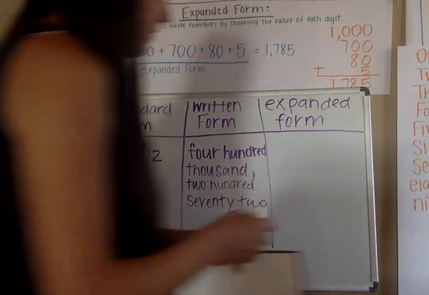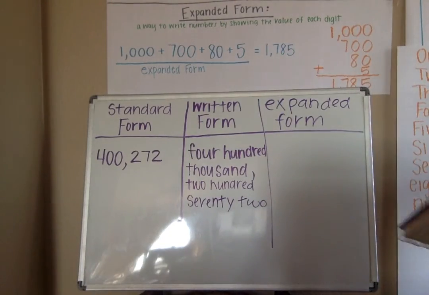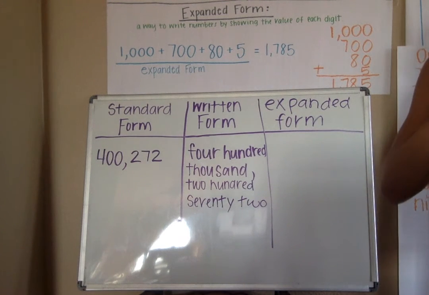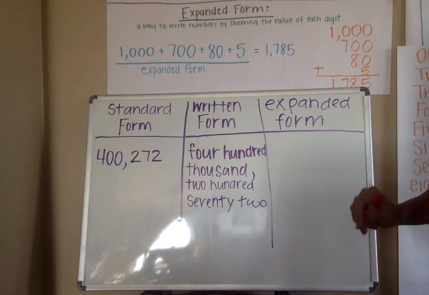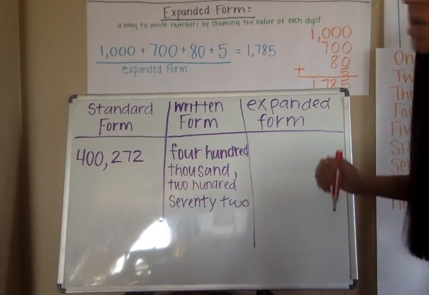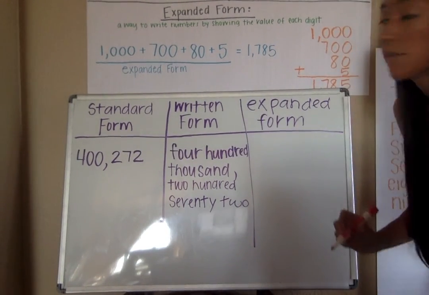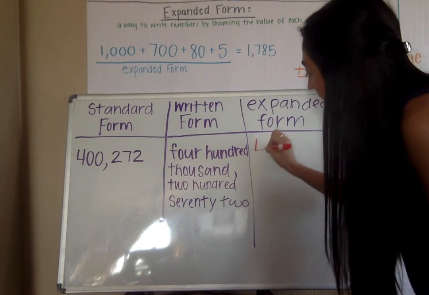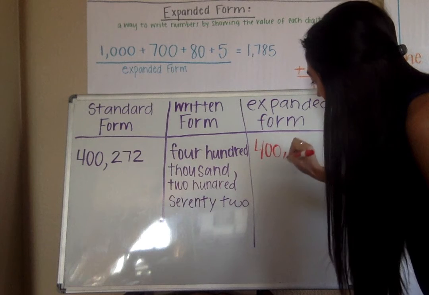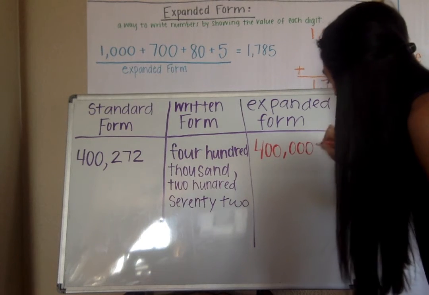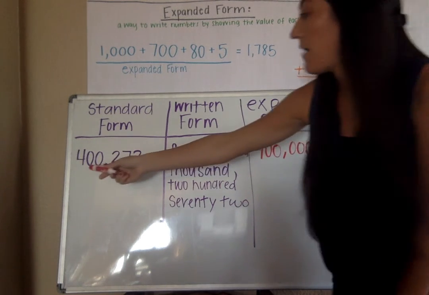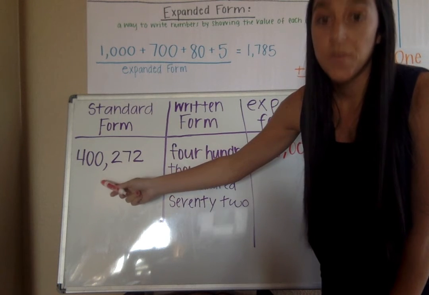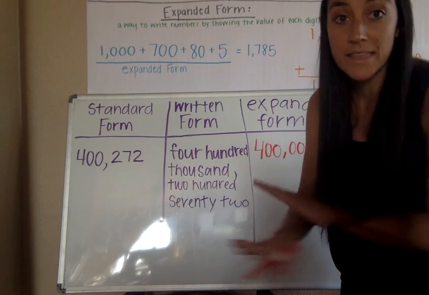So now I am going to just use a different color, and I am going to show you how to break that apart. So again, it's very similar to what we did on Monday and Tuesday. So I am going to take the first number, which is in the hundred thousands place, and I am going to write that here. Now again, I don't have any numbers in the 10,000 or in the thousands place, so I leave that blank.